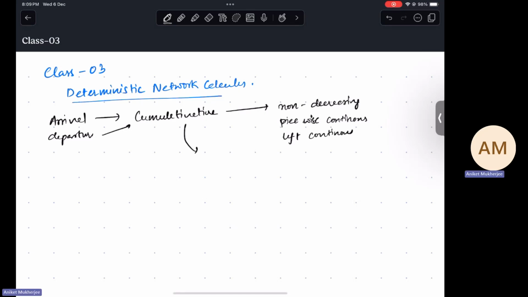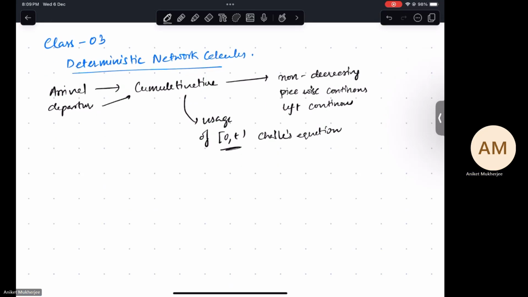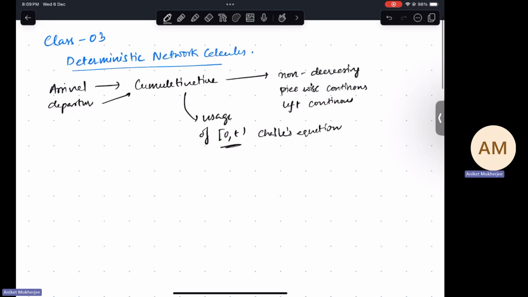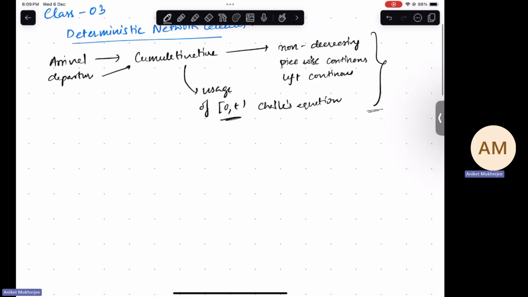We saw the usage of half open intervals to define the cumulative arrivals and departures so that the Chasles equation is satisfied. Basically, these were the things that we saw yesterday.